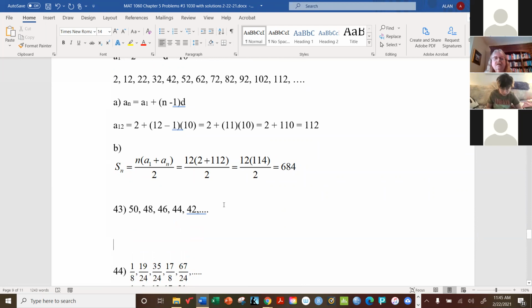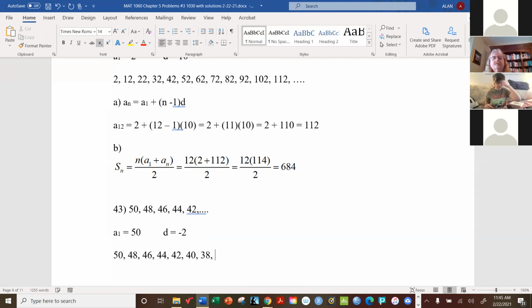Okay, now this one is interesting because it has a negative difference. It starts with 50, D is -2. So if you write this one out a little more, yep, that's the 12th term, but let's prove it with our formula.